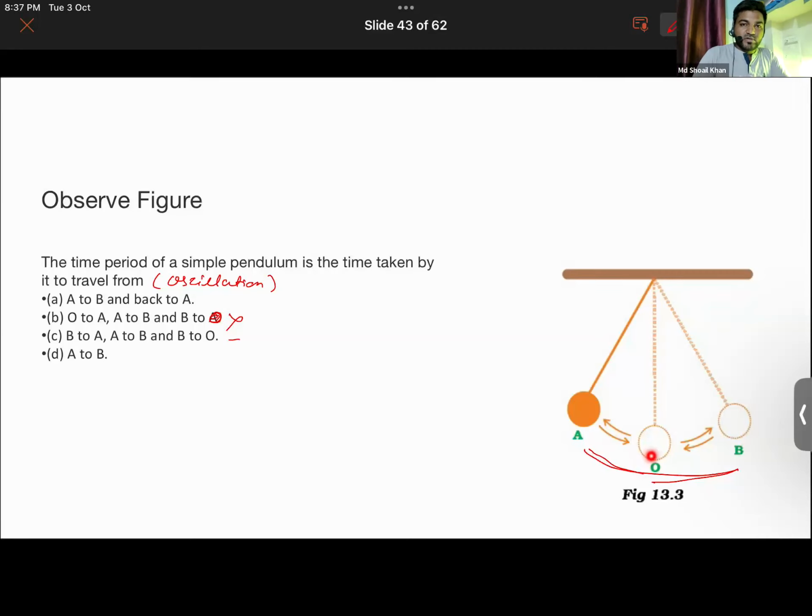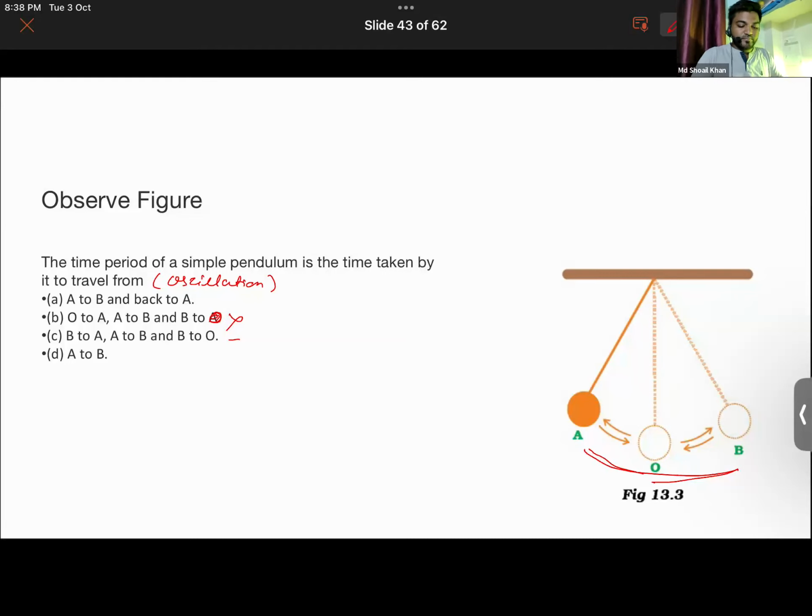And one oscillation in terms of a pendulum is the motion done by this bob either to move from A to B and come back from B to A. That is option number A, to B and back to A. Or either we can see that it moves from O to A, and then from A to B, and then back to O.